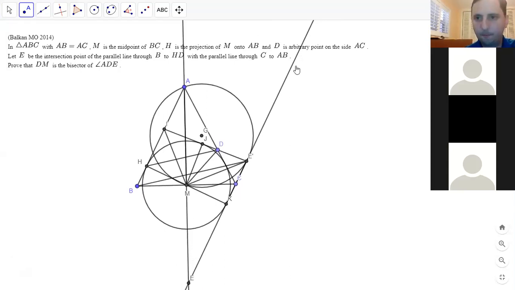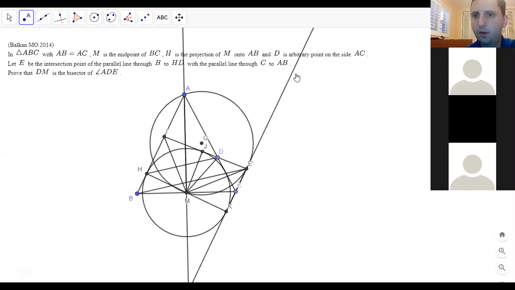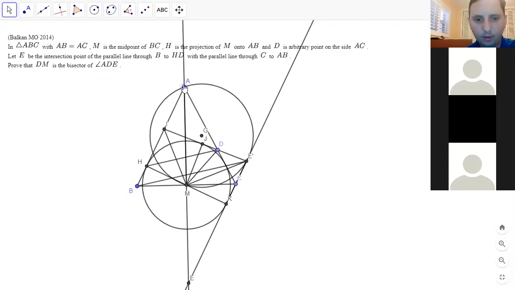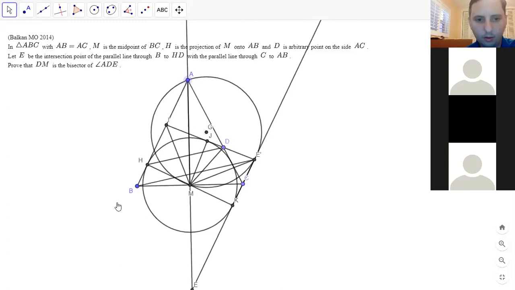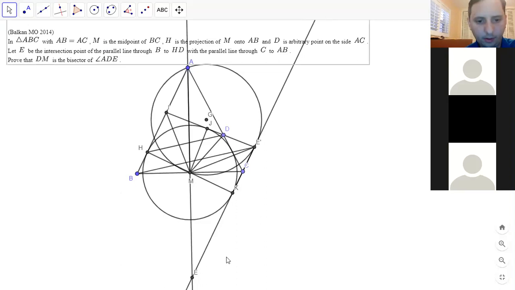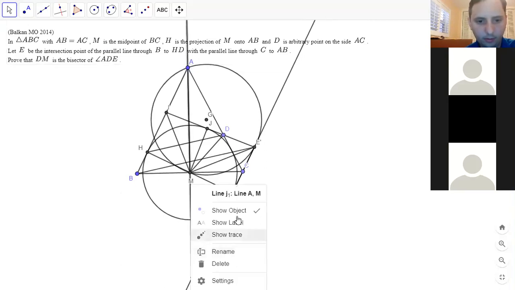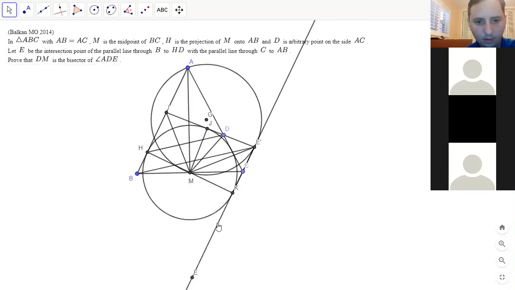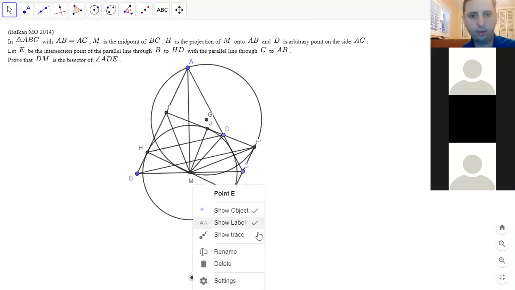There's a cons proof. All right, let me hide this. I'm going to change it from E to, I don't know, L.